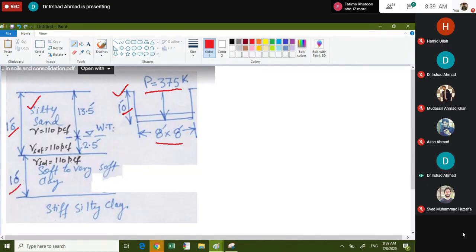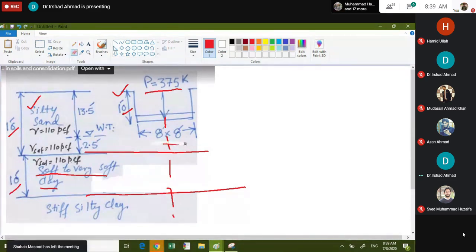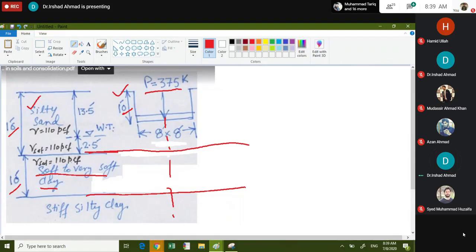So what we are going to do, we would find stresses in the soft clay, under the center of footing, at different points.